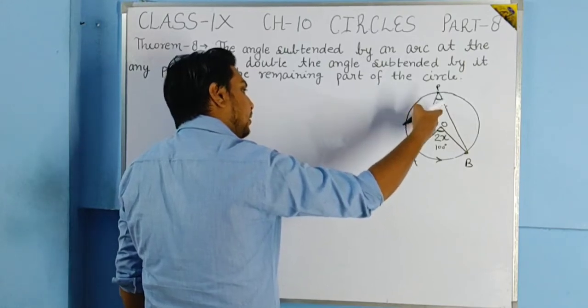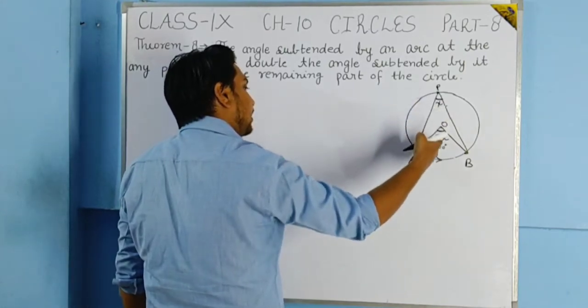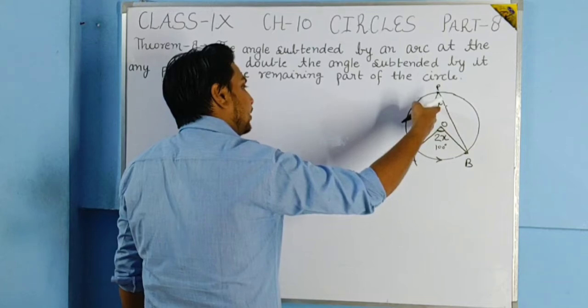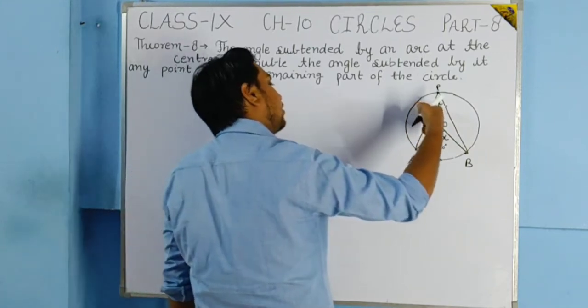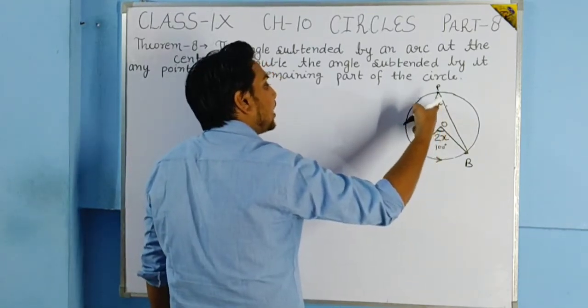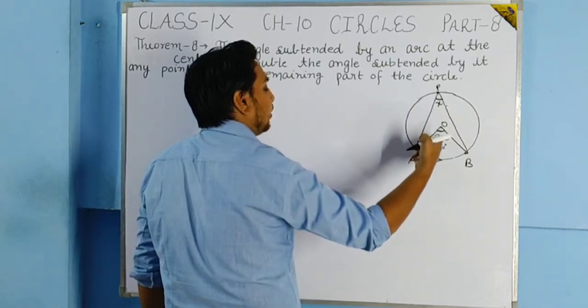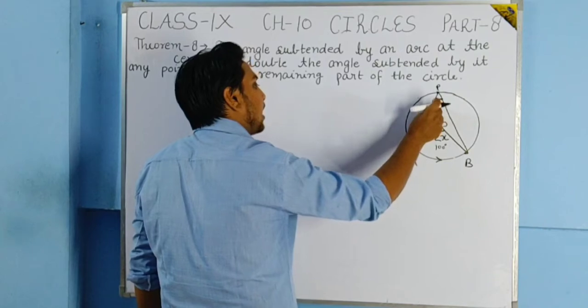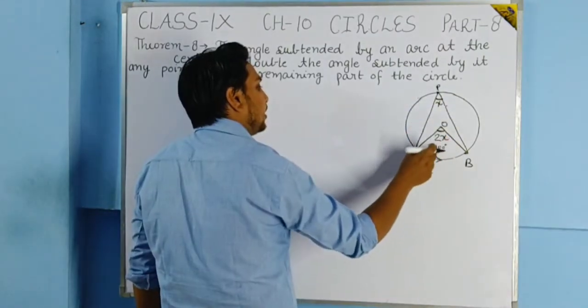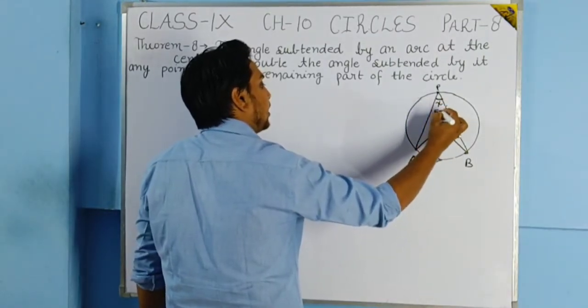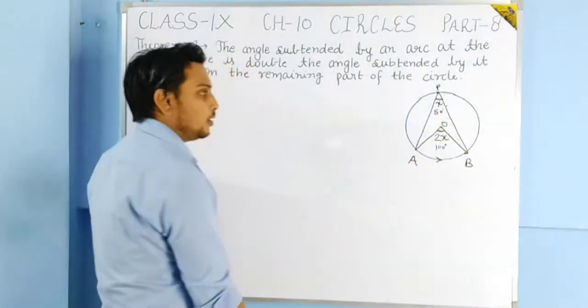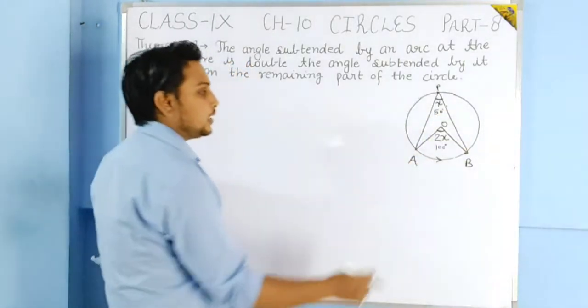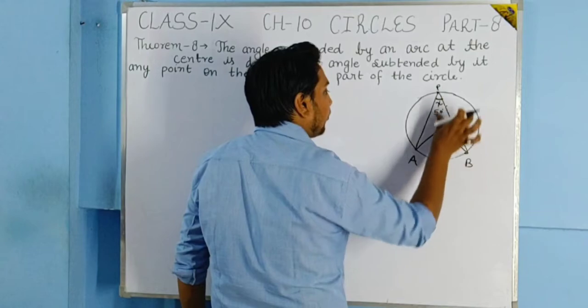If this angle is twice of this angle, then at the same time you can also say that this angle is half of this angle. Means if it is 2x, then this one is x. So if it is 100 degrees, then you can say that it is 50 degrees. Okay, students, so this result is very important.